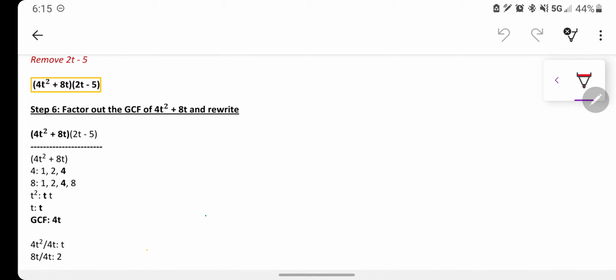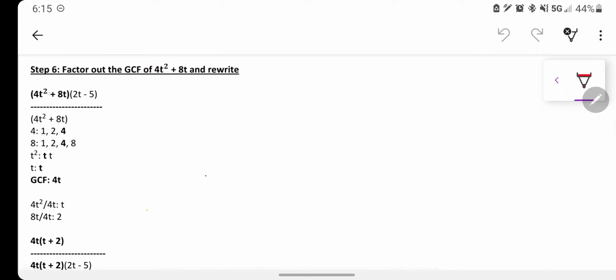equation being brought down here, and we're going to factor out this part. Now we're going to take the greatest common factor of those. So 4 and 8, their greatest factor is 4, and then the greatest common factor between the t to the second power and t is only 1t.